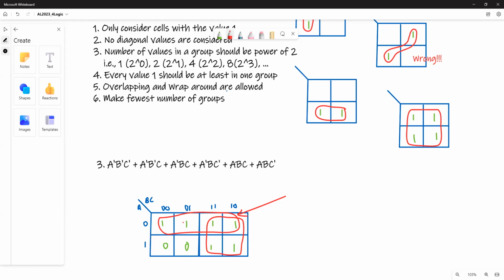A bar, B bar, C. Then A bar, B, C. Then A bar, B, C bar. So that means these 4 elements. Then A B C bar. So we can say this is one group, this is another group. If you take this group, what value does it represent?